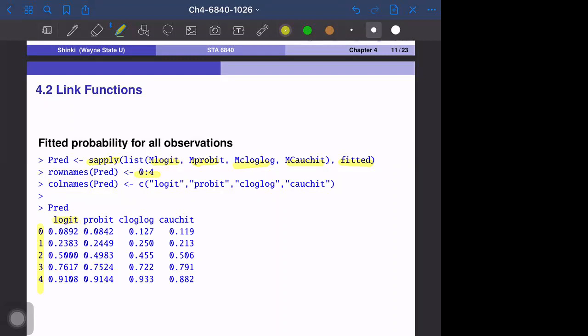Then we have these 4 different probabilities. It looks similar, but it has some slight differences. For example, this probability is larger than the others, especially logit and probit, and this probability is larger than this, and much larger than this. So we have slight differences.